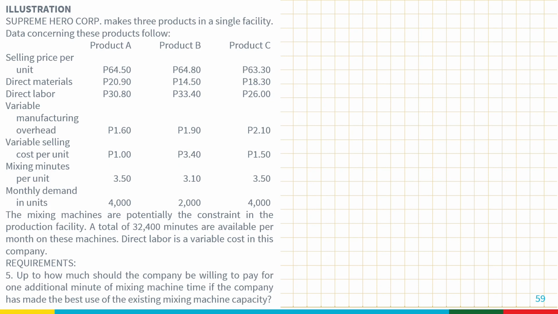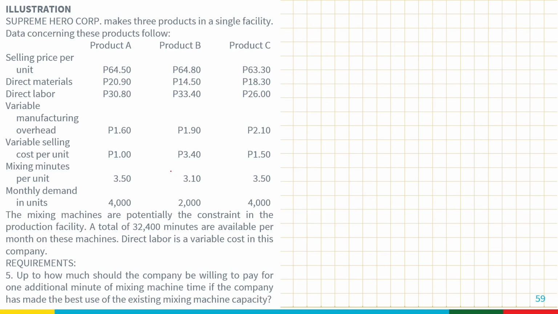Requirement 5. Up to how much should the company be willing to pay for 1 additional minute of mixing machine time if the company has made the best use of the existing mixing machine capacity? Magkano daw yung willing tayong ibayad kung sakaling madagdagan ng 1 minute yung ating available mixing machine time?